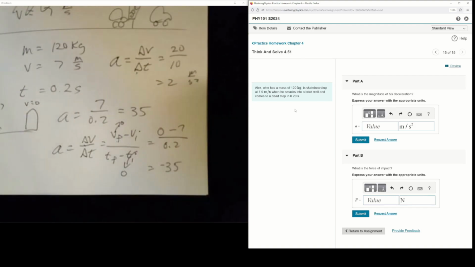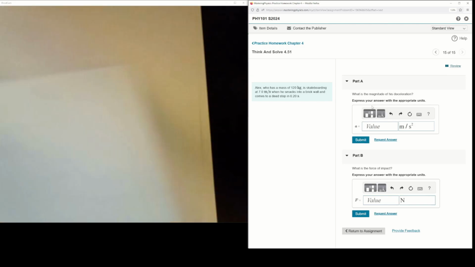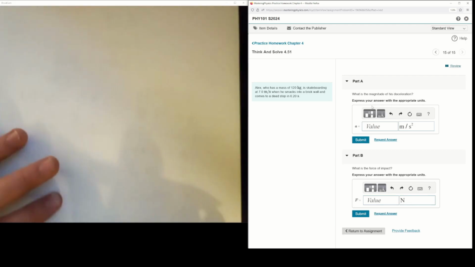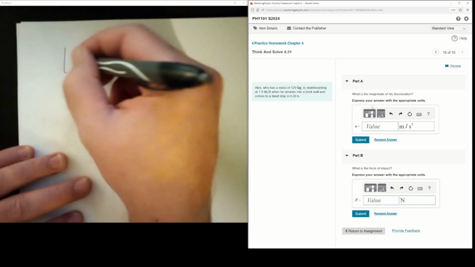But we'll see. Let's see if they want the minus sign. Well, I can see that they don't. And they're using another math word here. They say, what is the magnitude? Magnitude means the absolute value.